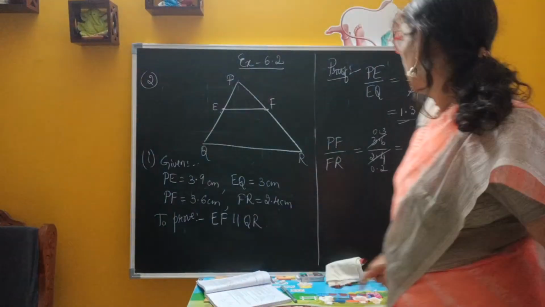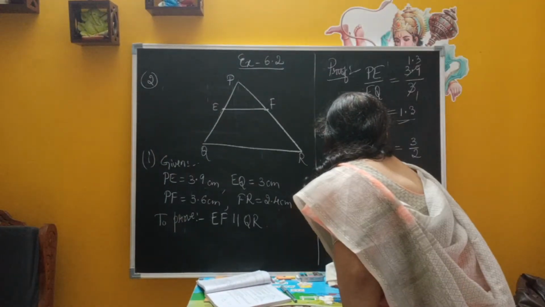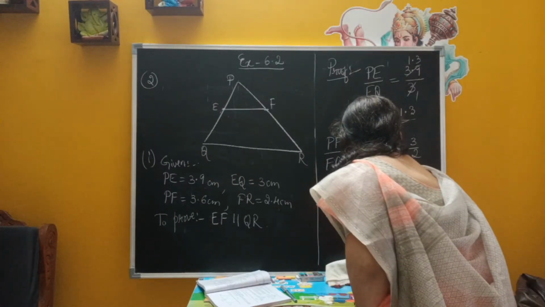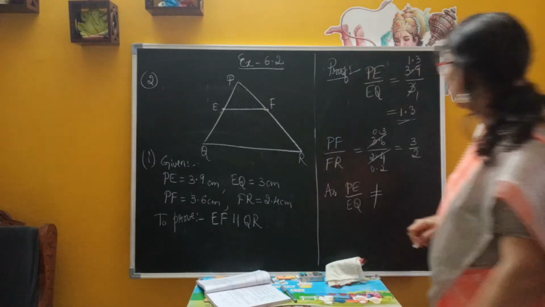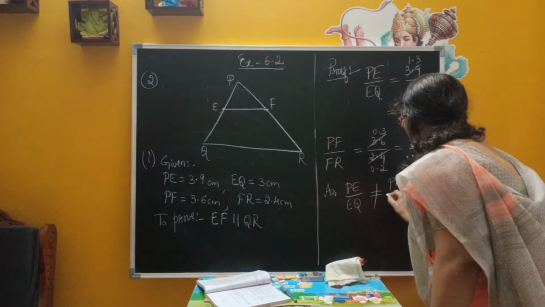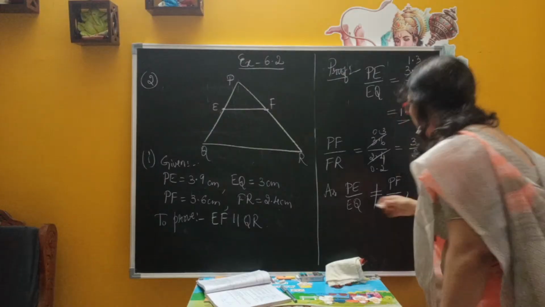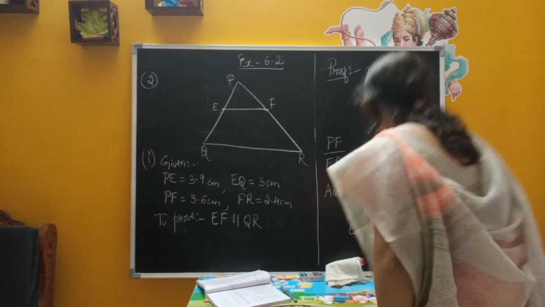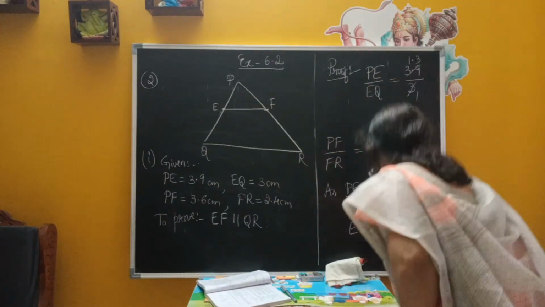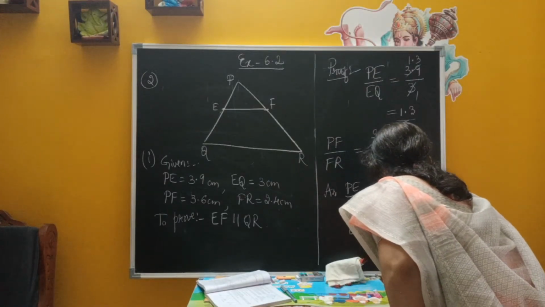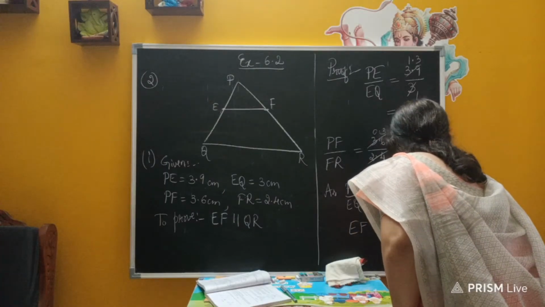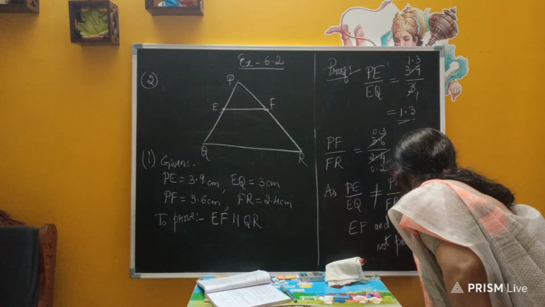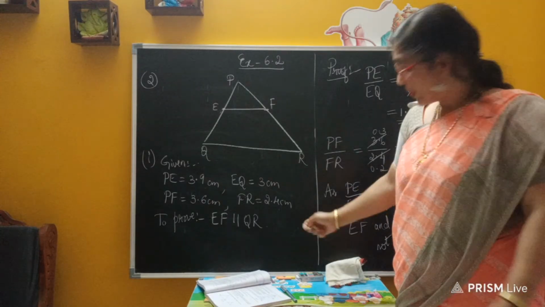As the ratio PE by EQ is not equal to PF by FR, EF is not parallel to QR.